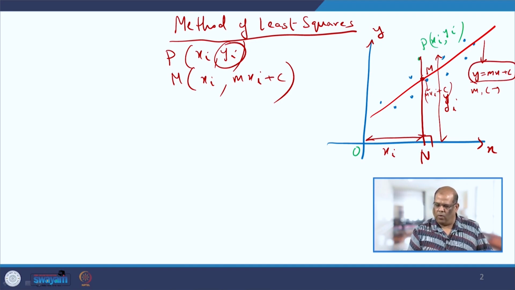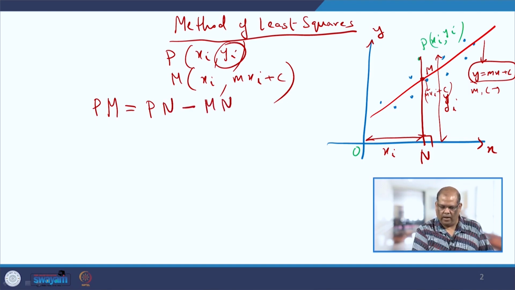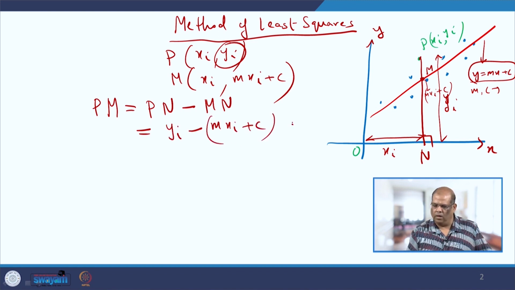Now, if I want to see the error, which is Pm, it will be equal to Pn minus Mn. So, this is your yi and this is your mxi plus c. Basically Pn is from the data, which is your yi, and mxi plus c is from the equation.